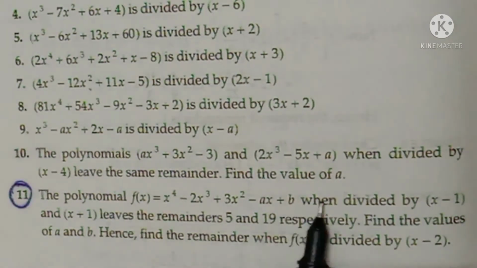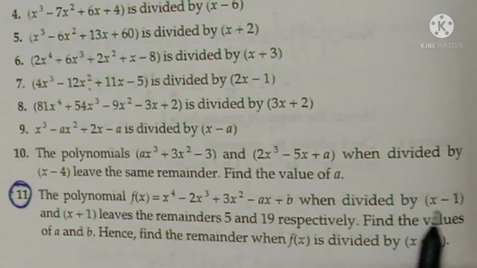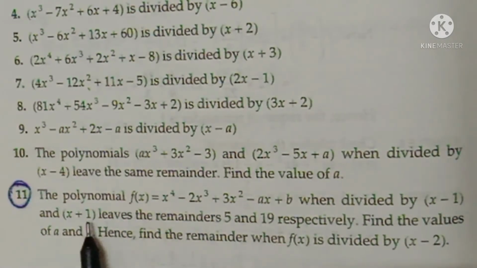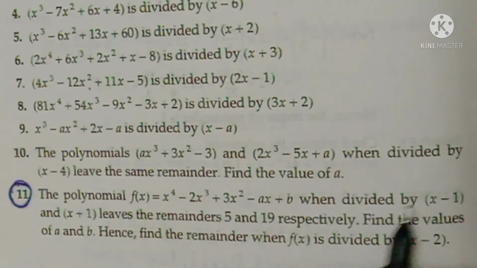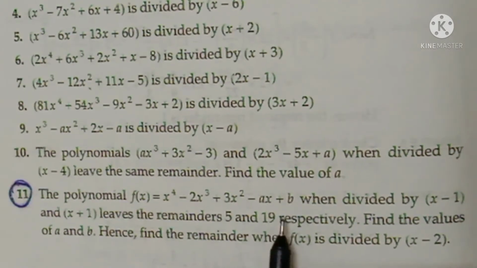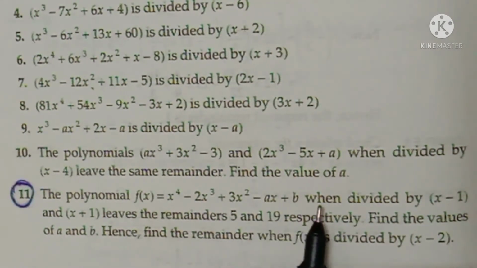This is a polynomial and it is divided by, first, x minus 1 and, second, x plus 1. So in both the cases remainders are given. So we will make two equations and solve them, and then we will get the values of a and b.